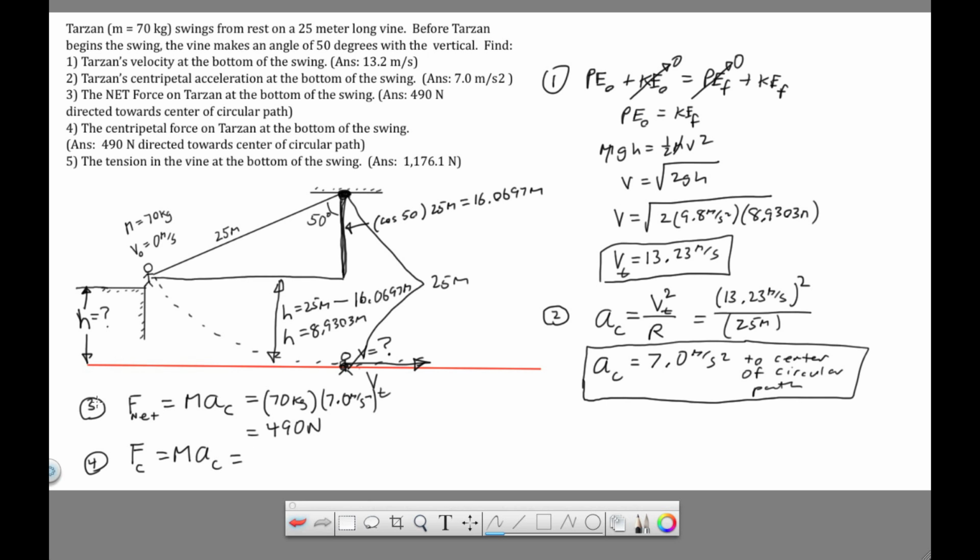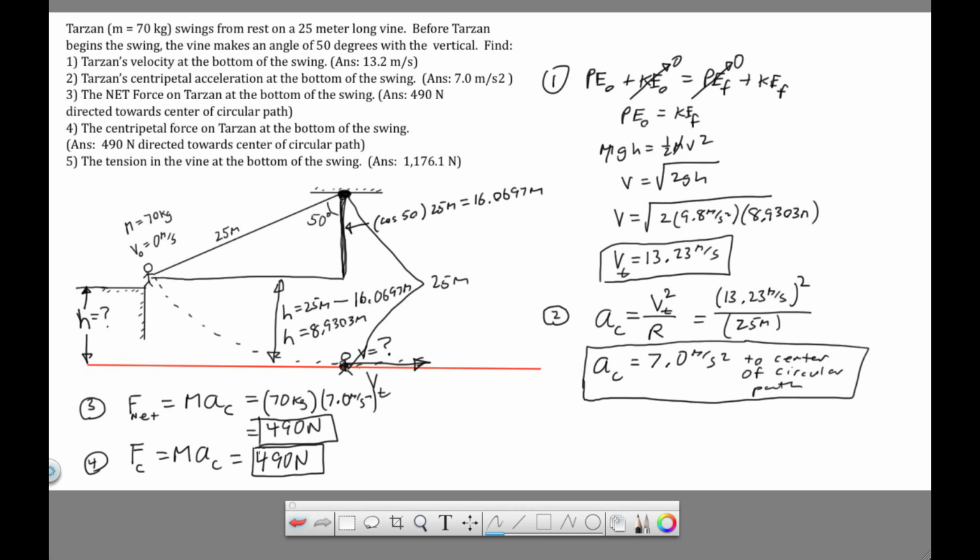So these two questions, questions 3 and 4, were just meant to make you think about net force and centripetal force. Basically, the net force on Tarzan is the centripetal force. So it's the same exact thing. This just comes out to be 490 newtons. The centripetal force is the net force.